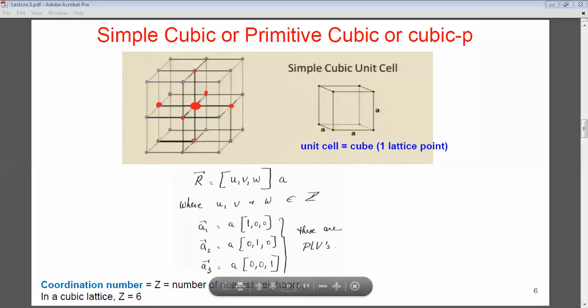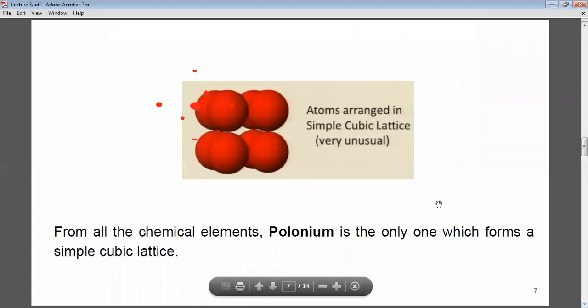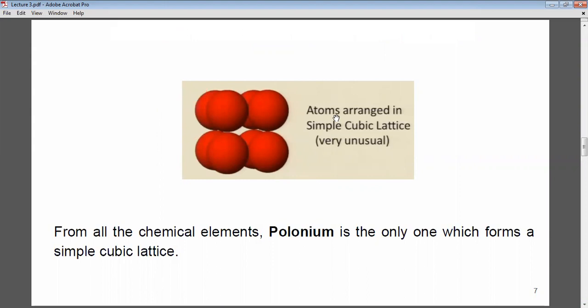Okay, now this is how it looks if we put atoms on the position of each lattice point. It will look like a cube, obviously. Now, although it's a very simple lattice to describe, it's actually extremely unusual in nature.